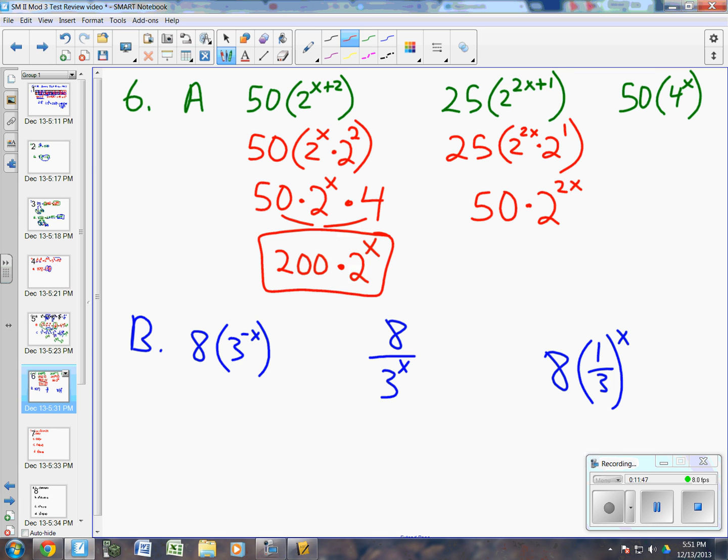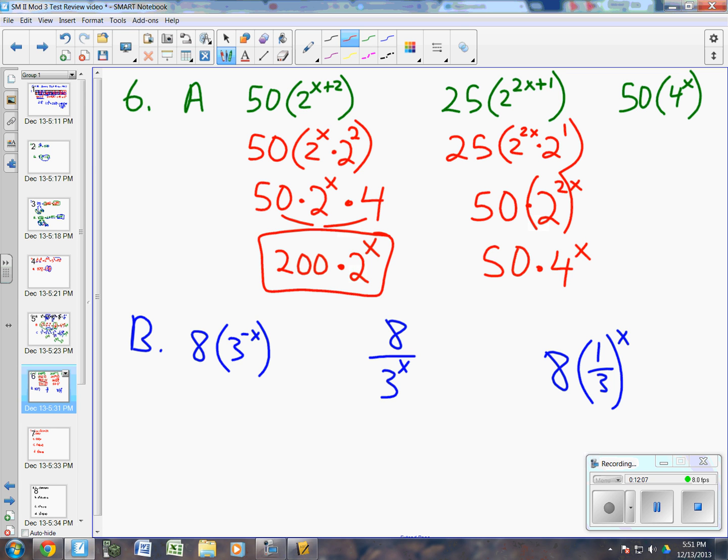Well, we could separate that and go 2 squared to the x power, because that's the same thing. It's power to a power. 2 times x is the same as power to power. So we could write 2 squared as 4. So I'm going to write it below it. It's 50 times 4 to the x.